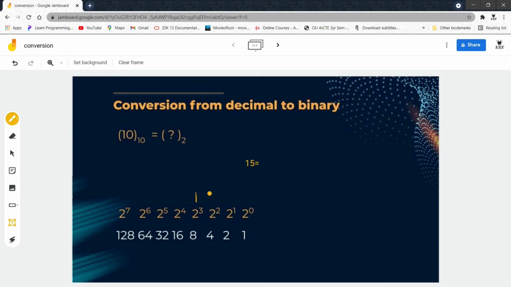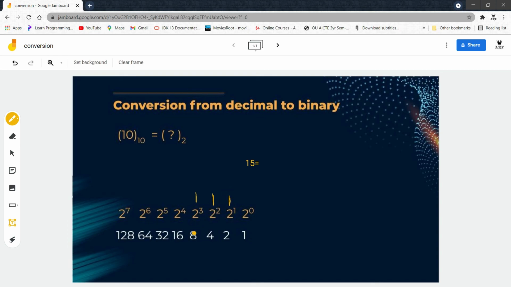So the closest but lesser number to 7 is 4. So we will write 1 on 4. So 8 plus 4 is 12. We are left with 3. The closest but smaller number to 3 is 2, and we will write 1 on 2.